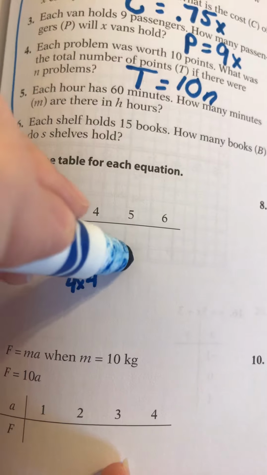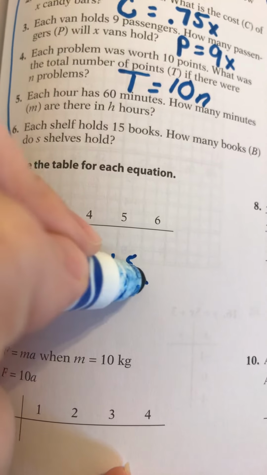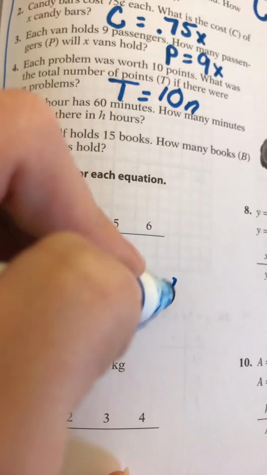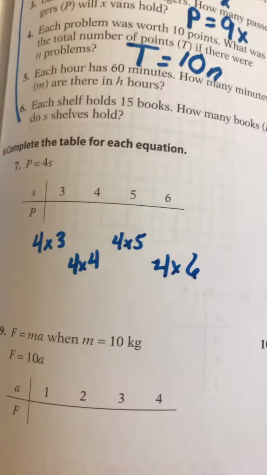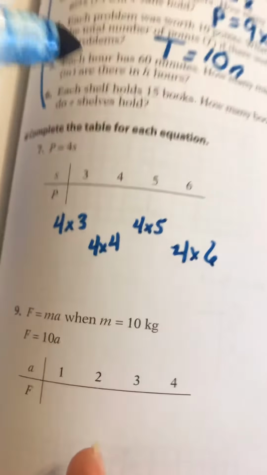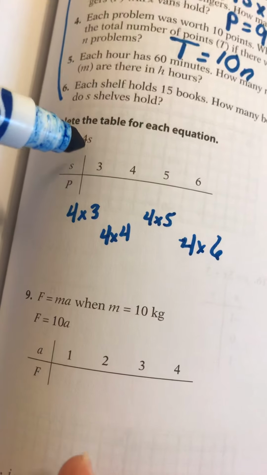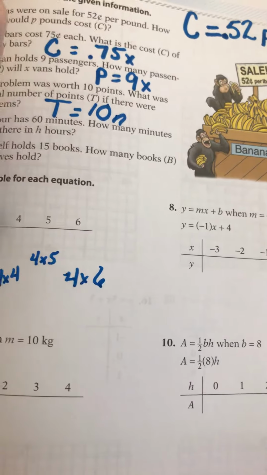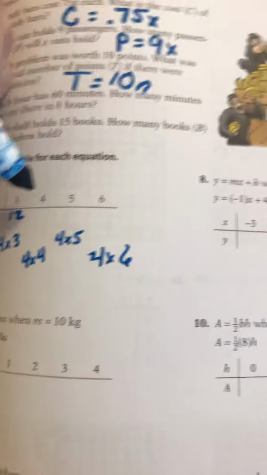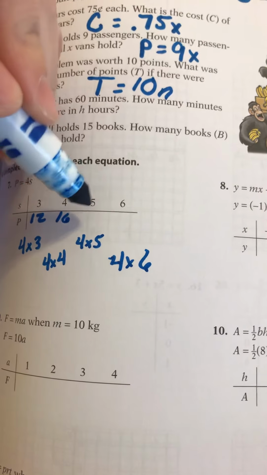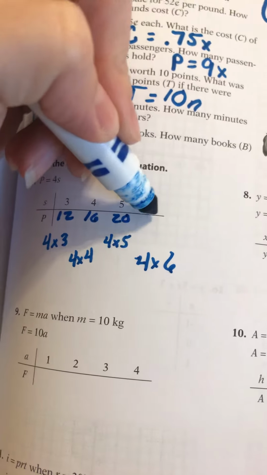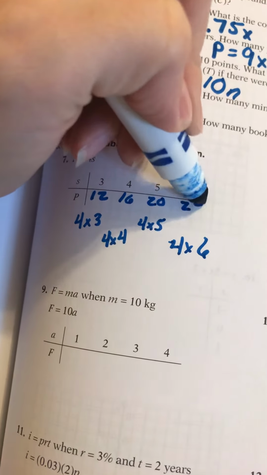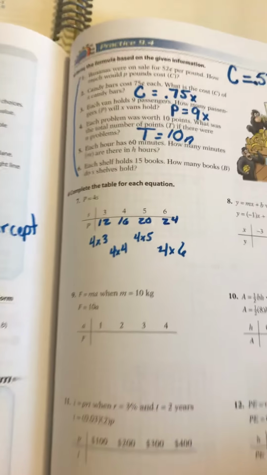We have 4 times 5, and 4 times 6. We just have to work out each of those problems. Well, 4 times 3 we know is 12, so P equals 12. 4 times 4 is 16, 4 times 5 is 20, and 4 times 6 is 24. So you strictly just do the math.